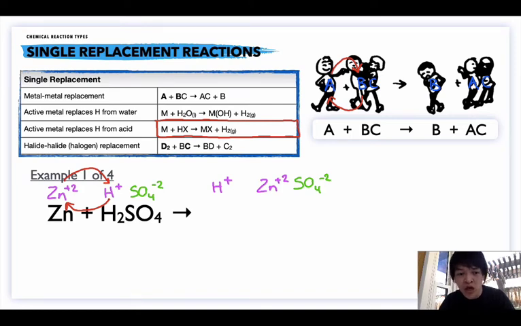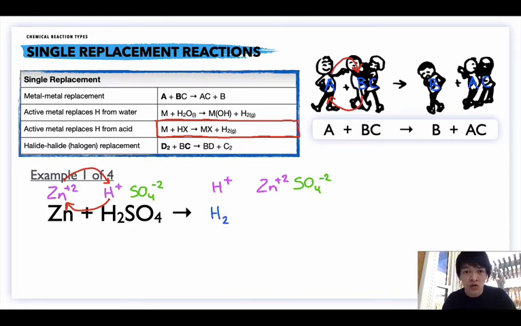in blue. Now, when we have a single atom, you have to consider whether that is going to actually be one of the 7 diatomic molecules. And hydrogen happens to be one of the 7 diatomic molecules.